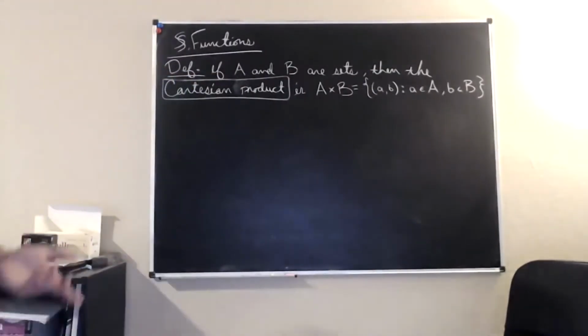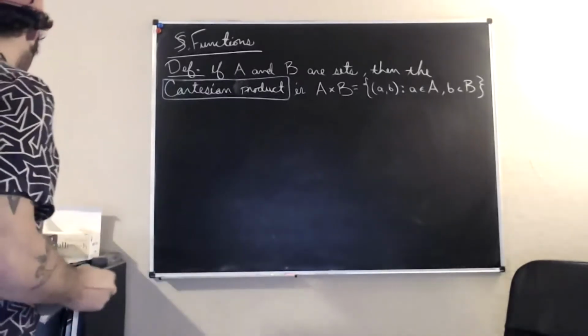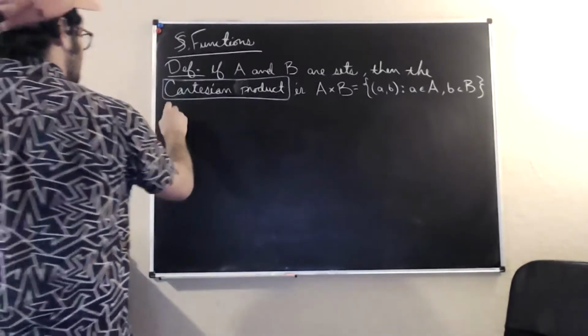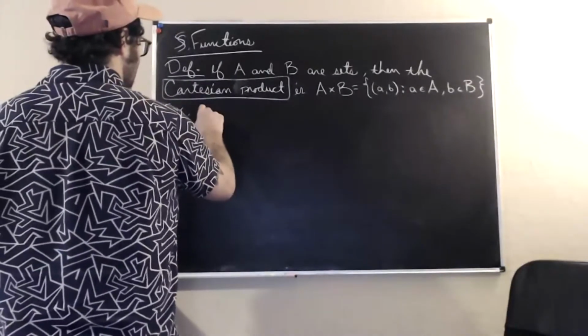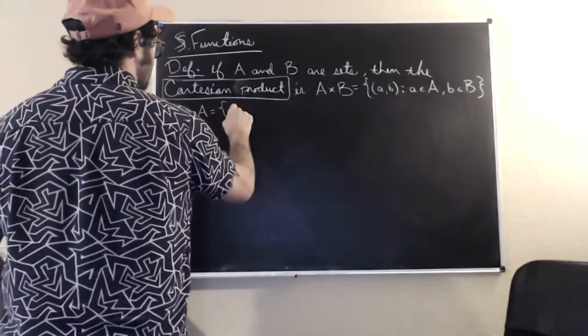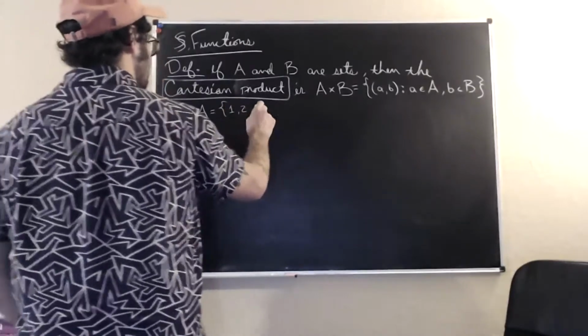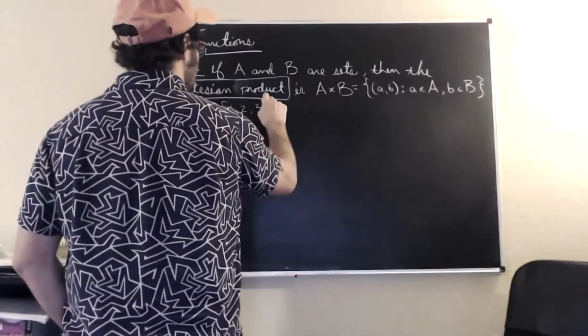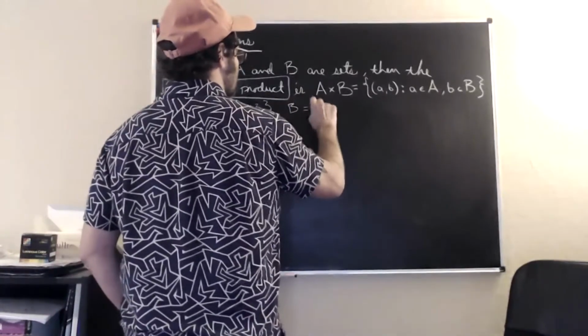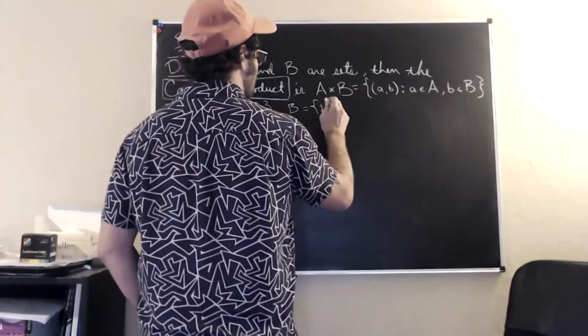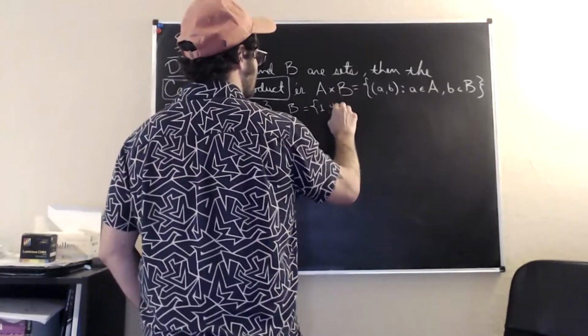Okay, so let's just do some examples of it to remind ourselves of what this is. So maybe let's say that A is equal to the set of 1, 2, and 3, and B is the set maybe 1, 4 or something.